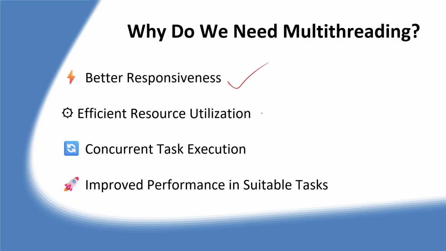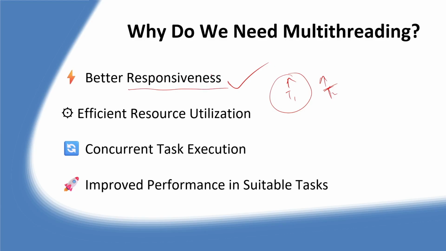That means if you are performing one task T1 and you are performing another task T2, T2 will not wait for the completion of T1. It will start simultaneously, making the application responsive.